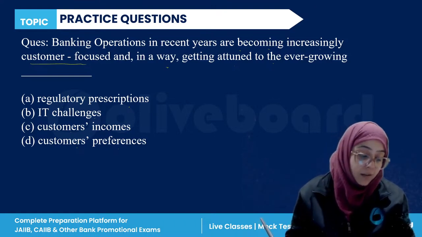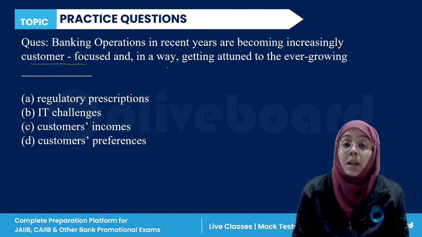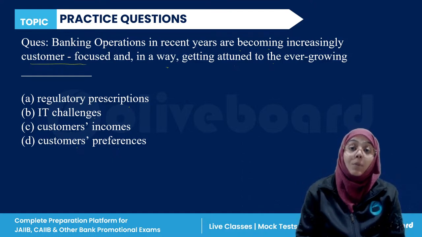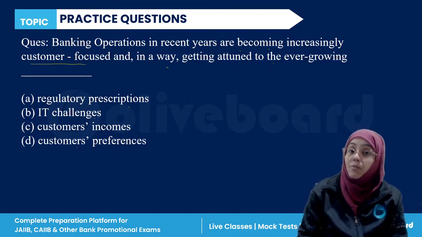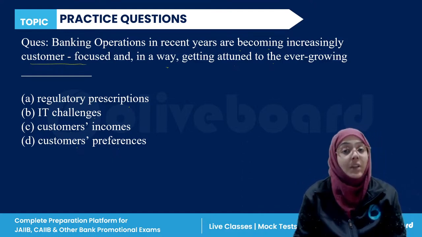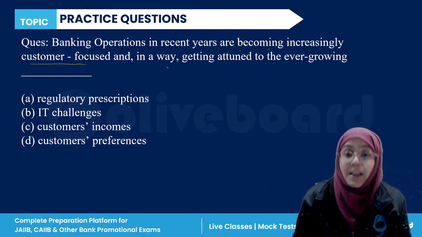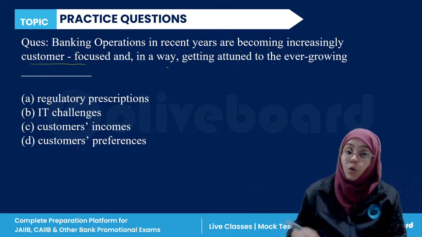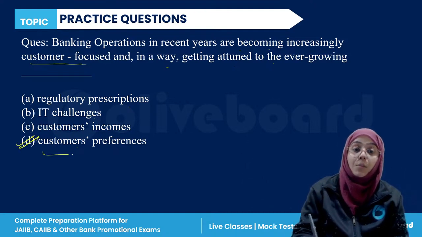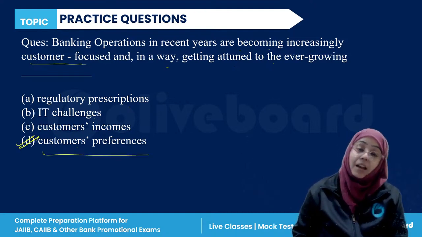Everyone. Because consumers have different preferences. According to their preferences, we have to give them the services, and that's why they are becoming more customer focused, because it is based on customer preferences. So, D is the correct answer.